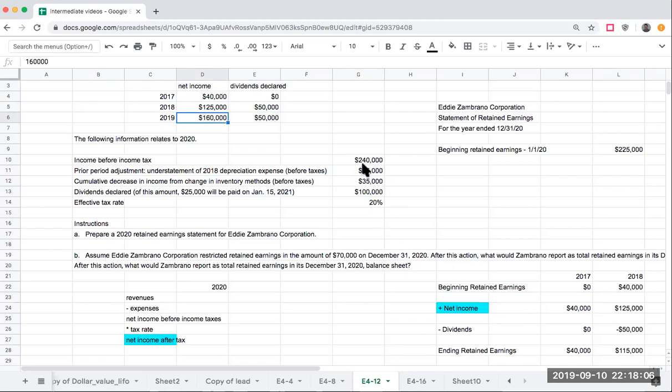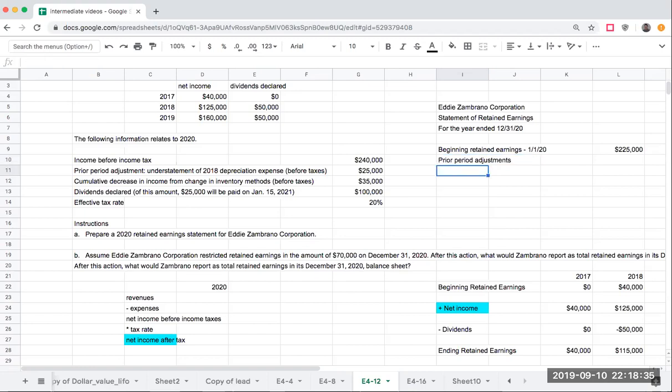So what I need to do here for this prior period adjustment is I'm going to have to show it net of tax. So what I'm going to do here is I'm going to call this prior period adjustments.